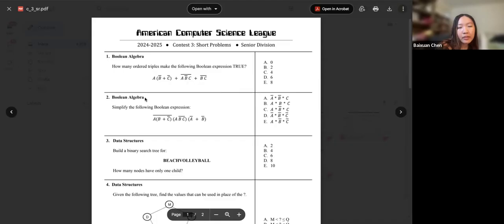Okay. Moving on to the next question, we have simplify the following expression. And we can simplify this by pretending this is two parts and separating it. So we have not A times not, I mean plus, sorry, because there's a times in here.